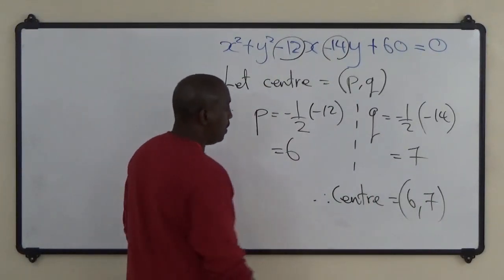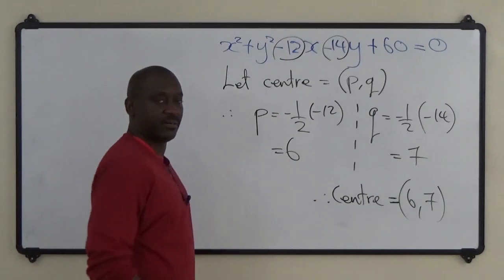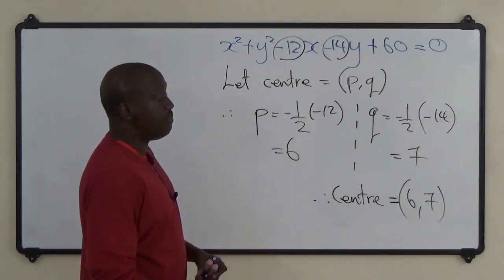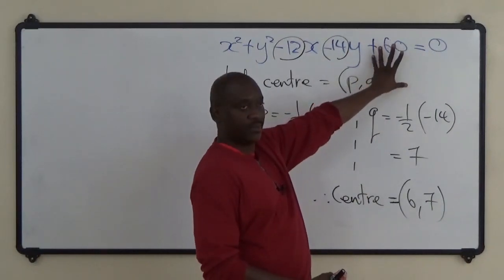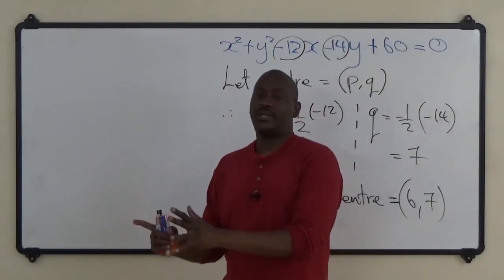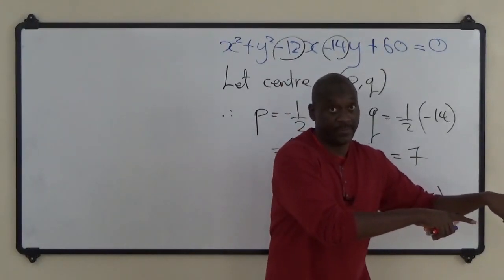Now that we have 6, 7, remember the next relation as well. Remember that 60 would be the x coordinate squared plus the y coordinate squared minus the radius squared.